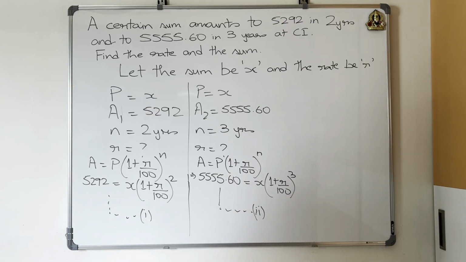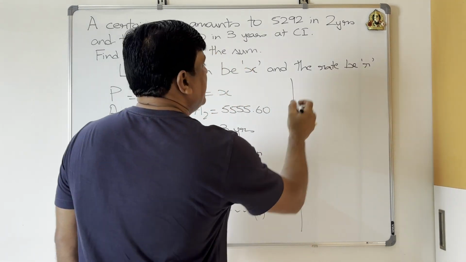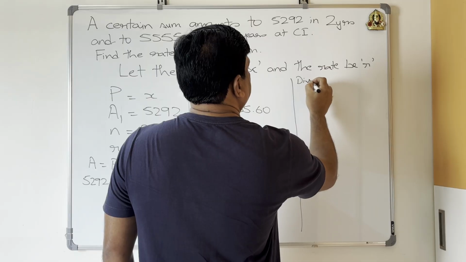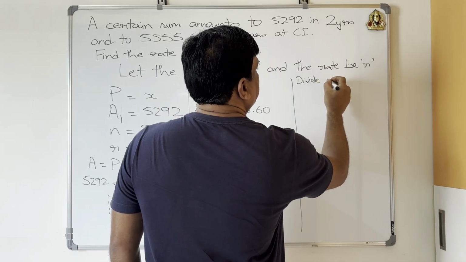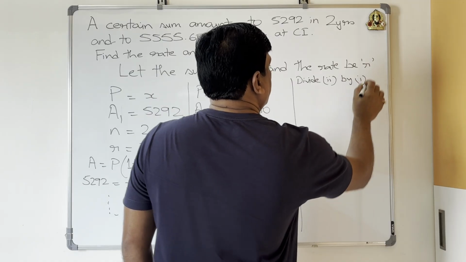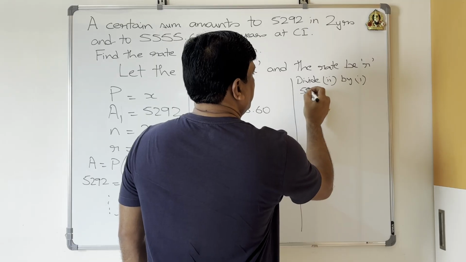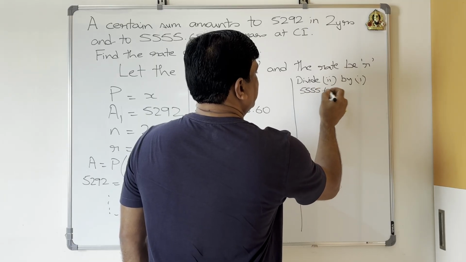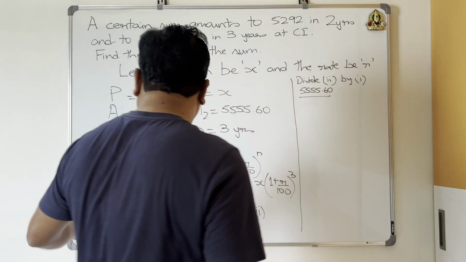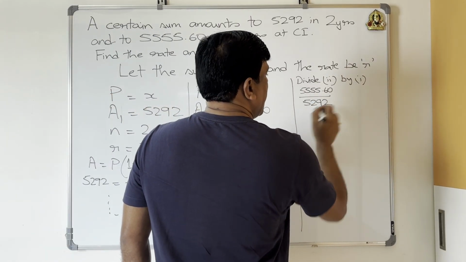What you need to do is, can I do a simple math between the 2 equations? I am going to divide both the equations. Divide equation 2 by 1. Look at it. I am going to write equation 2, 5556 divided by 5292.